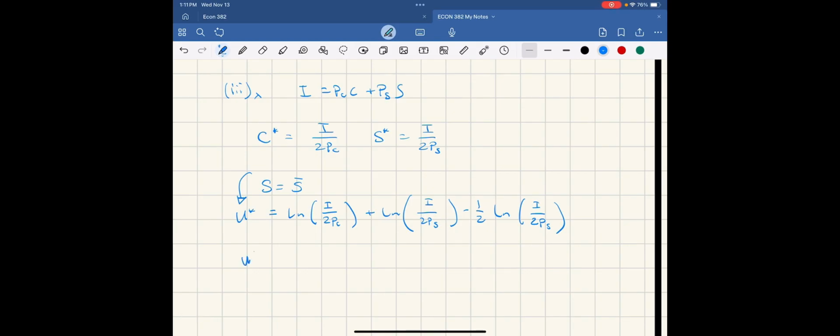And this will be our U star, which is going to equal the log, and now this is going to look a little ugly, but we can handle ugly. I to the 3/2, because we have 3 different I's.